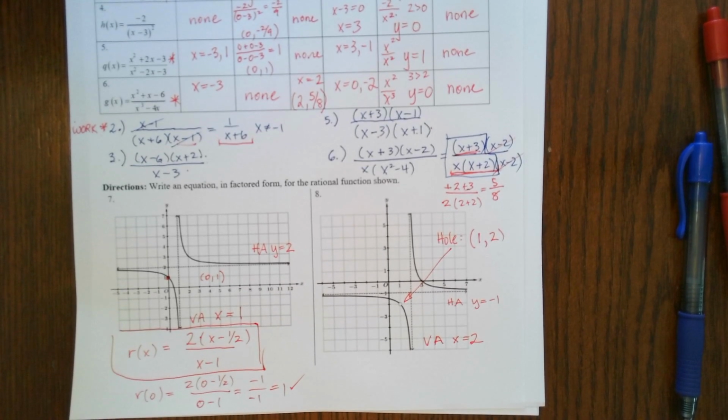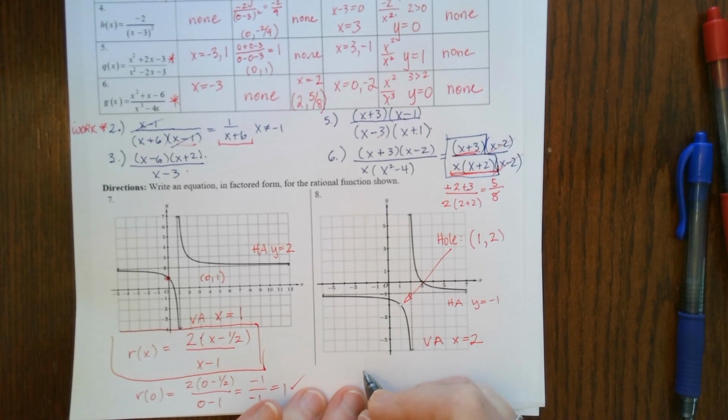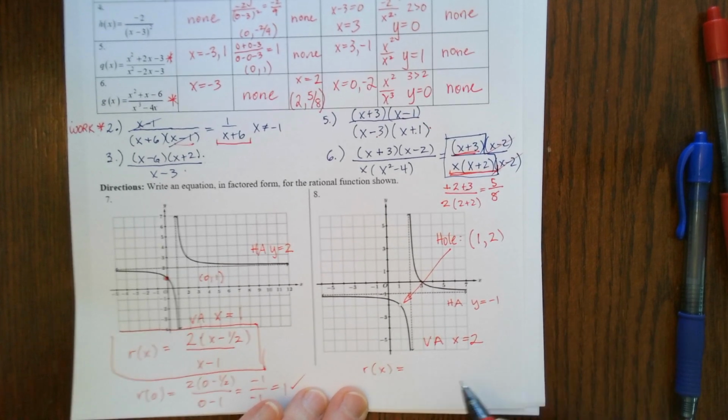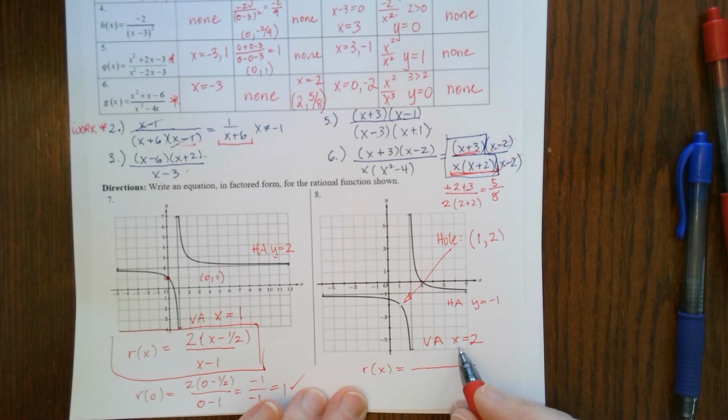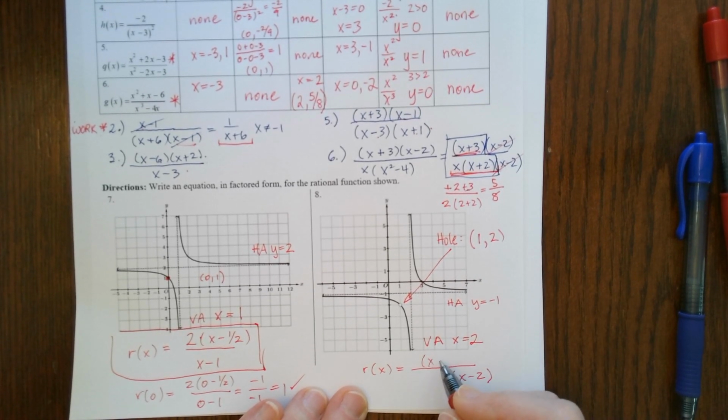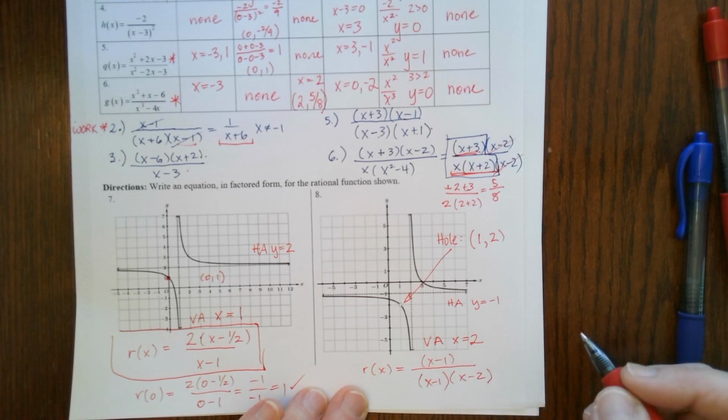So a vertical asymptote means that we're going to have a factor of x minus 2 in the bottom. A hole at x equals 1 means we have x minus 1 in the top and x minus 1 in the bottom.